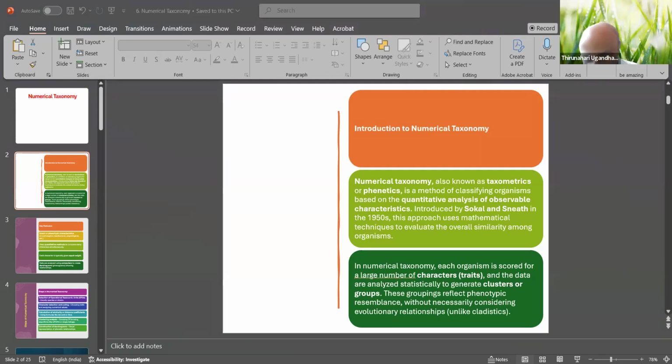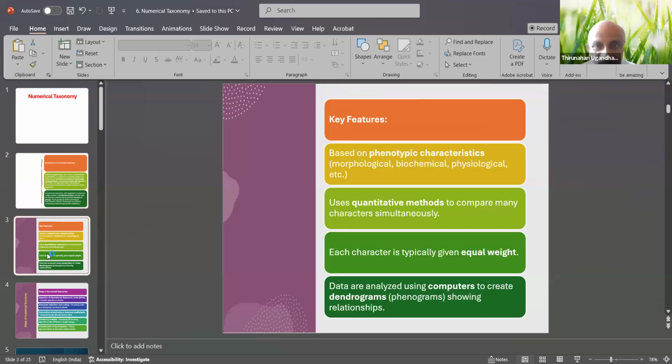This refers to phenotypic resemblance without necessarily considering the evolutionary relationship, unlike cladistics.